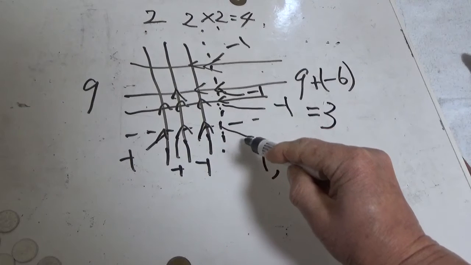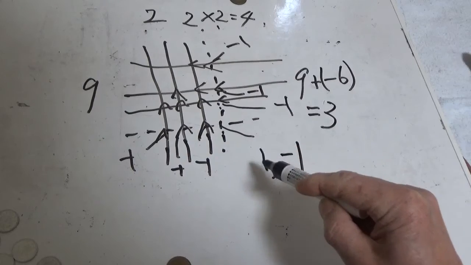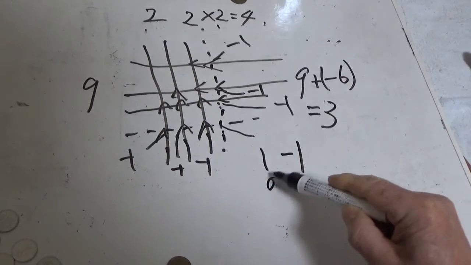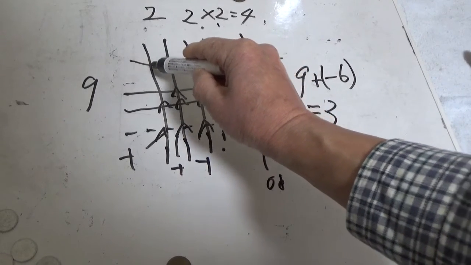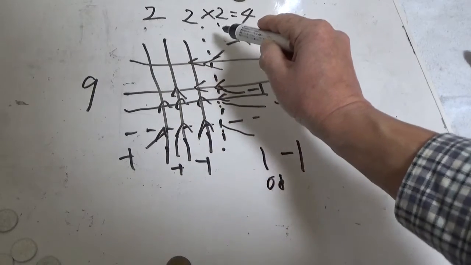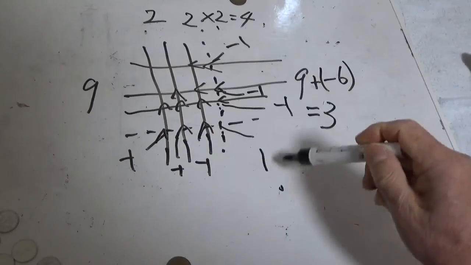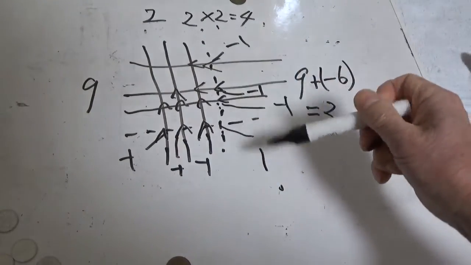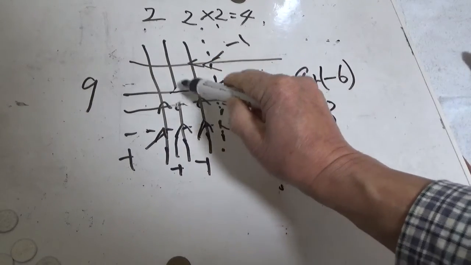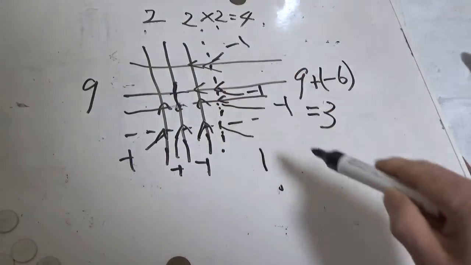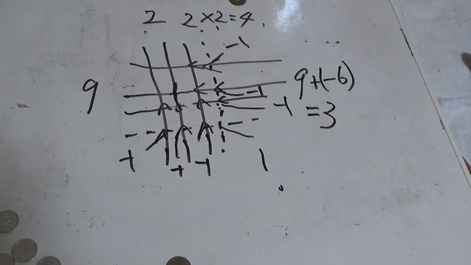So what will be this point? Negative value multiplied by negative value. Is it 1 or minus 1? But as we have obtained 1, 2, 3 positive value, this value should be positive 1. So this cancels, the point recovers, and 2 multiplied by 2 equals 4.